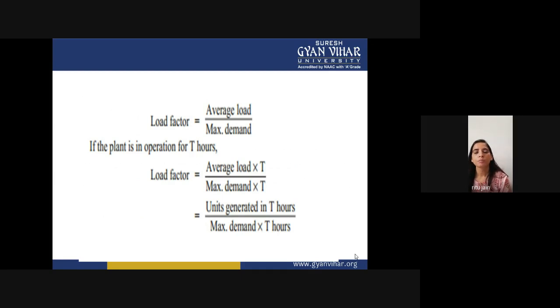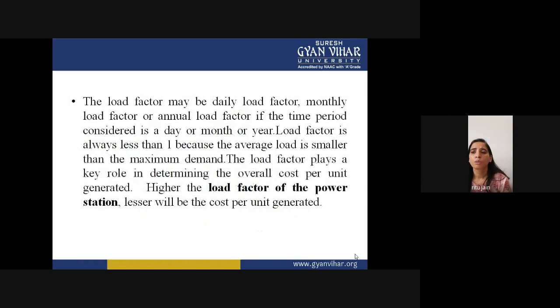To calculate the average load, suppose you are using 100 watt for 1 hour and 200 watt for the next 3 hours, then you calculate the average load. When you divide this average load by maximum demand, suppose 200 watt, the load factor is always less than 1. So the average load is always smaller than the maximum.